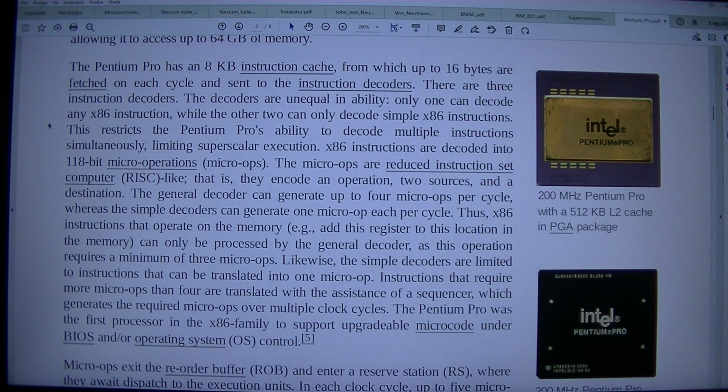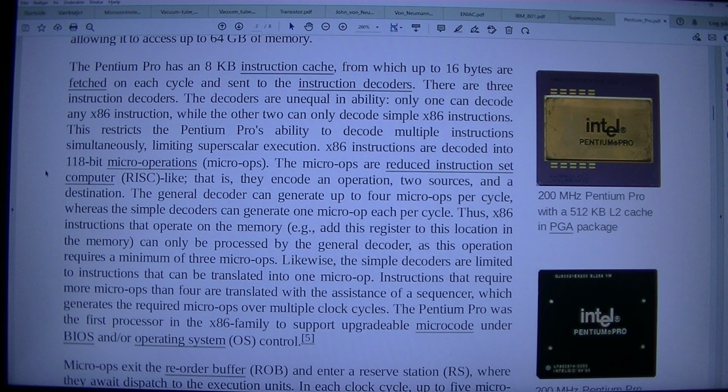This restricts the Pentium Pro's ability to decode multiple instructions simultaneously, limiting superscalar execution. x86 instructions are decoded into 118-bit micro-operations, micro-ops. The micro-ops are reduced instruction set computer, RISC, like. That is, they encode an operation, 2 sources, and a destination. The general decoder can generate up to 4 micro-ops per cycle, whereas the simple decoders can generate 1 micro-op each per cycle.